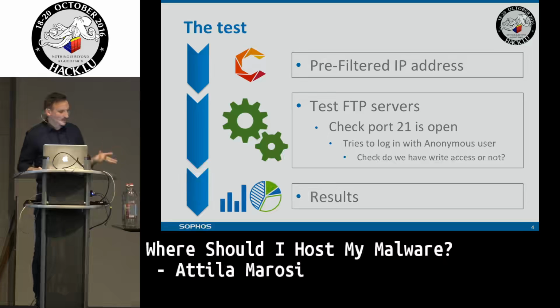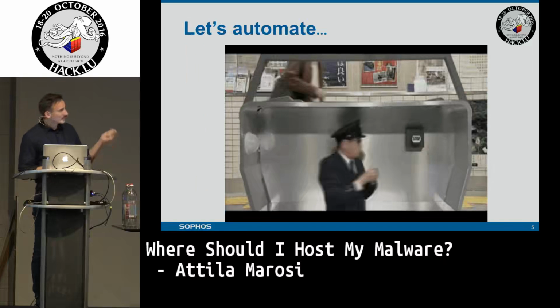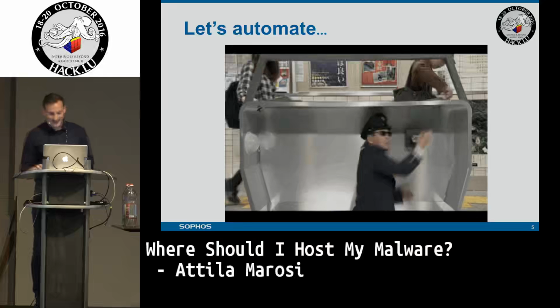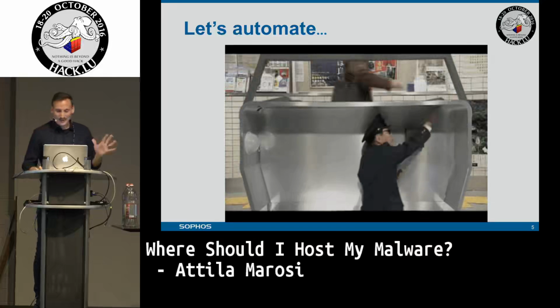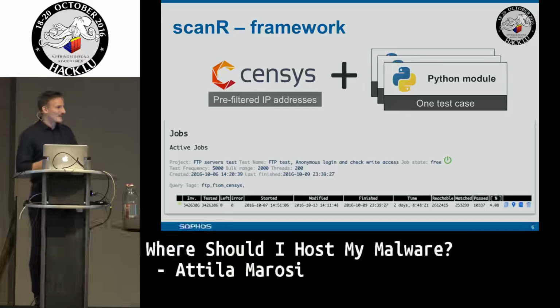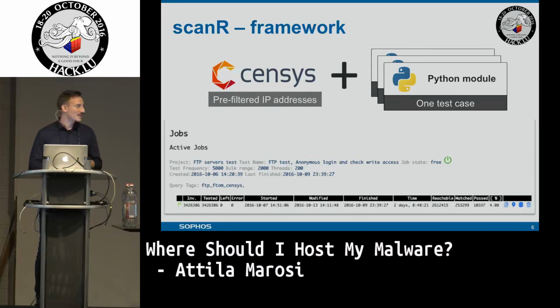So how could this process look like: get the IP addresses, check them, and fill a list. If you don't want it in this way, you need some other tools for it. So I developed a scanner called Scanner Framework, which can be fed with IP addresses. You can tag the IP addresses, and you can create easy and very tiny Python modules to do some test cases and collect the results in a very generic way.